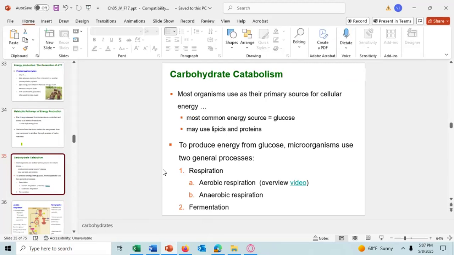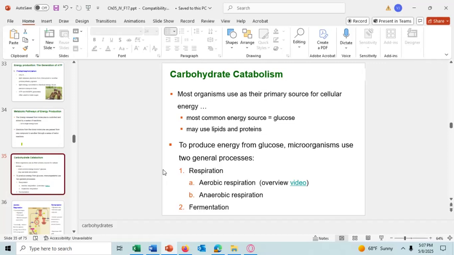So carbohydrate catabolism is the primary source for cellular energy. The most common energy source is glucose, and as you know, our cells can burn glucose to create ATP to give us energy. But other catabolism can be done.